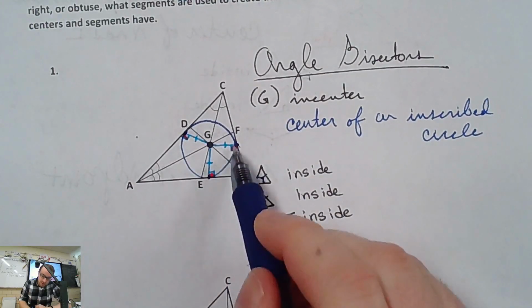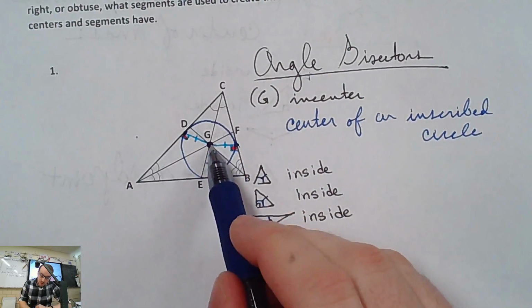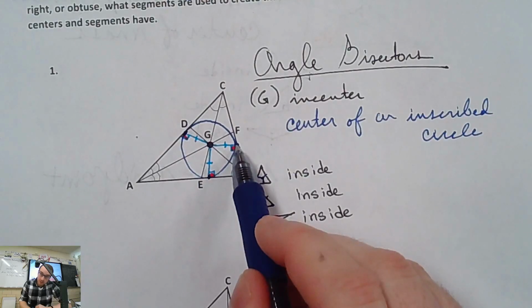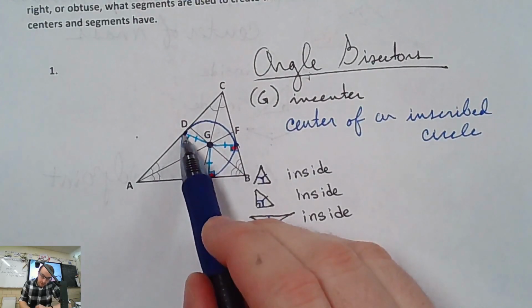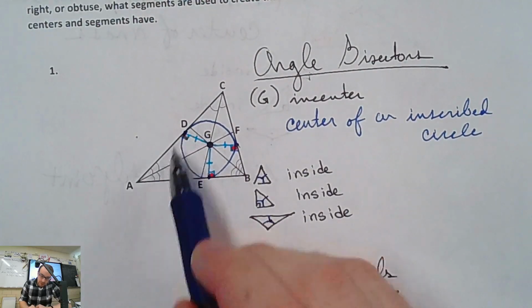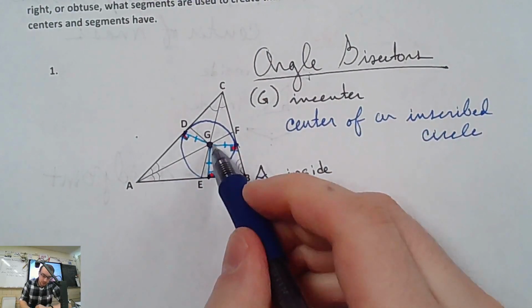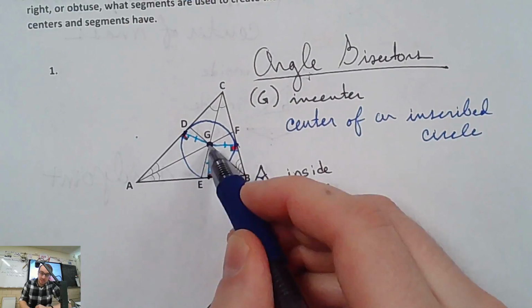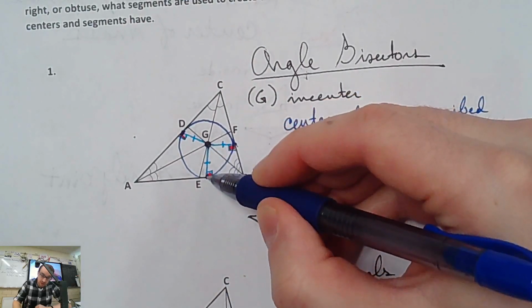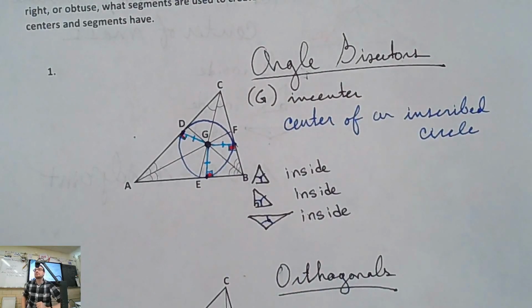So that point's on the circle, which means if I draw from here to here, that'll be a radius. And this point is on the circle, so I draw from here to here, that's a radius. And this point's on the circle, so I draw from here to here, that's a radius. I could draw a radius here as well, but that's not nearly as interesting because this radius also doesn't just touch the circle, but it touches my triangle, right?